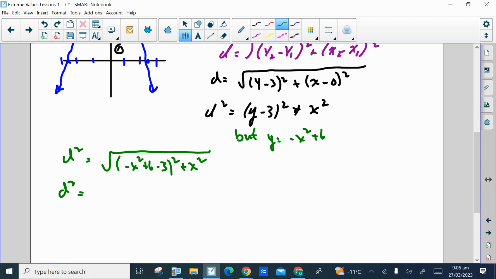So d squared, whoops, I wrote the radical and I shouldn't have. I've already gotten rid of it. So d squared will equal negative x squared plus 3 all squared plus x squared.